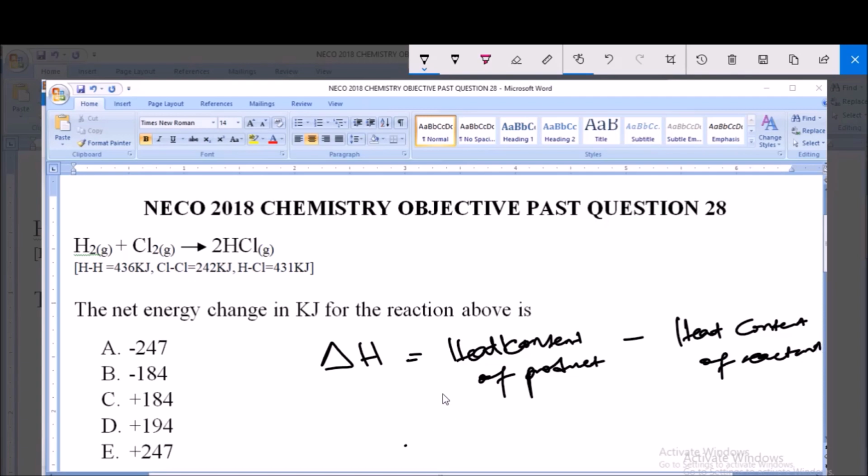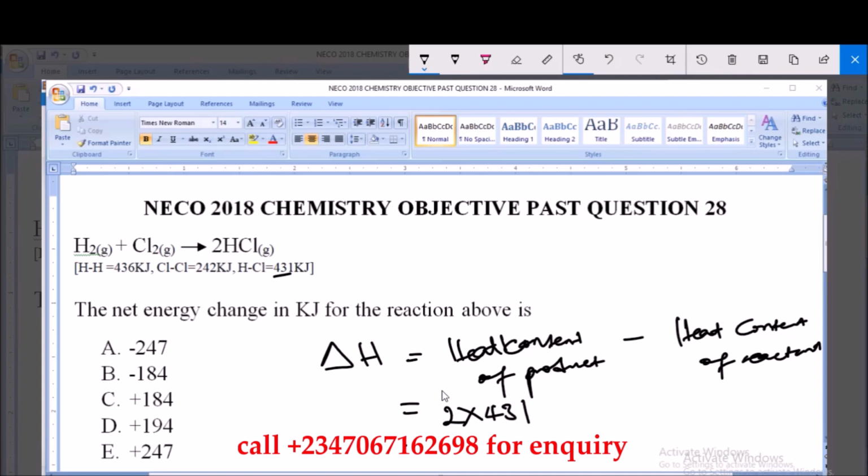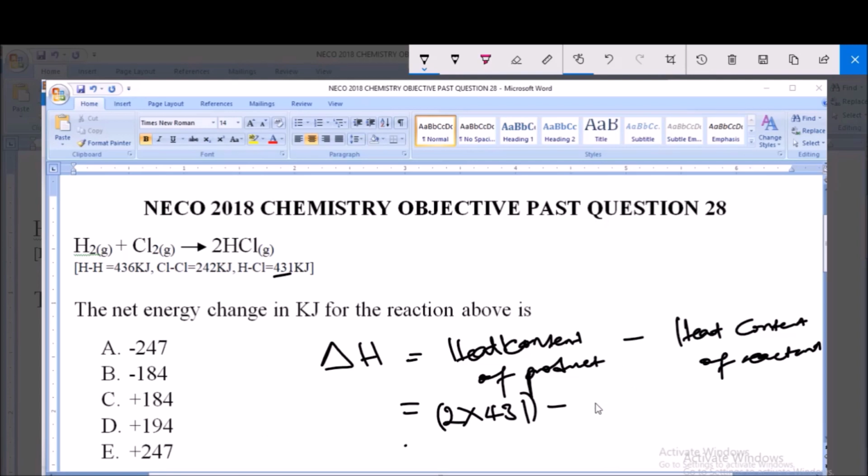And now the heat content of the product here is given to us as 431 kilojoules, but because 2 moles of this product is produced, the heat content will be 2 multiplied by 431, because it's 2 moles of HCl. Then subtracting the heat content of the reactants, which are 436 for the hydrogen and 242 for the chlorine.